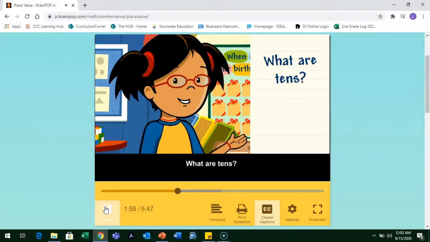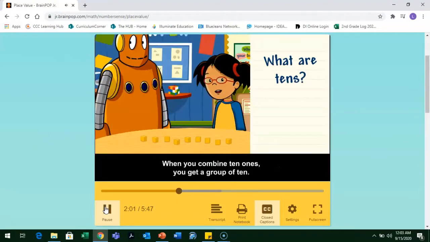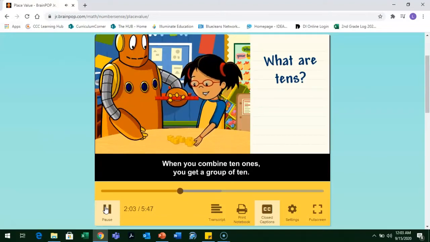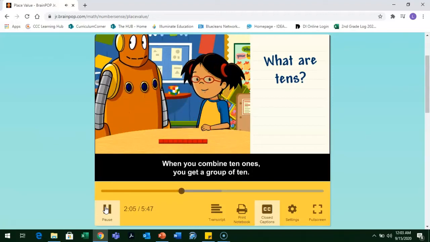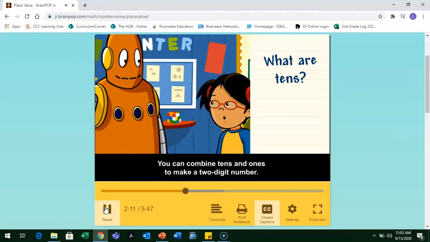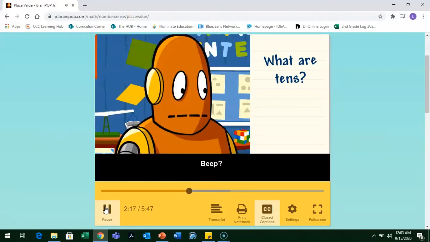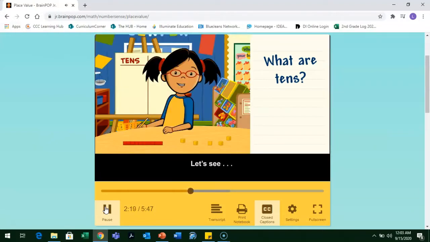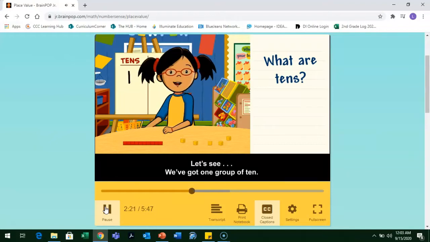What are tens? When you combine 10 ones, you get a group of 10. On a 100 chart, each row has 10 ones. You can combine tens and ones to make a 2-digit number. Let's see. We've got one group of 10.